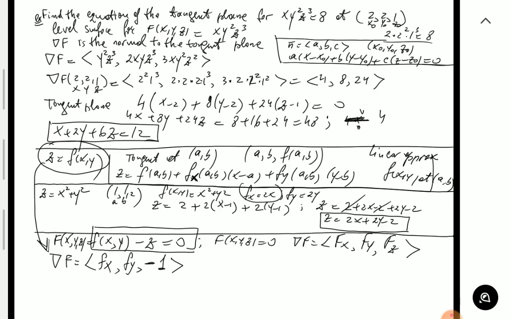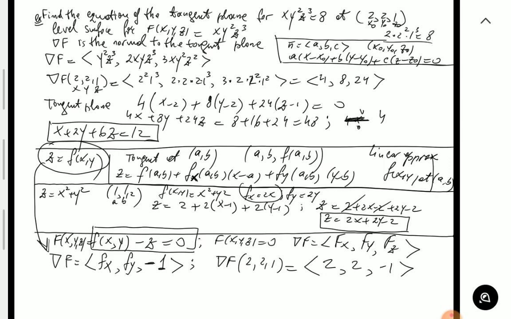And so when we actually establish the equation of the tangent plane in this case, you end up with the same thing, because now the normal to the tangent plane at the point (1, 1, 2) is nothing but partial x of little f at (1, 1), which is 2, partial y at (1, 1), which is 2, and then this one is minus 1.